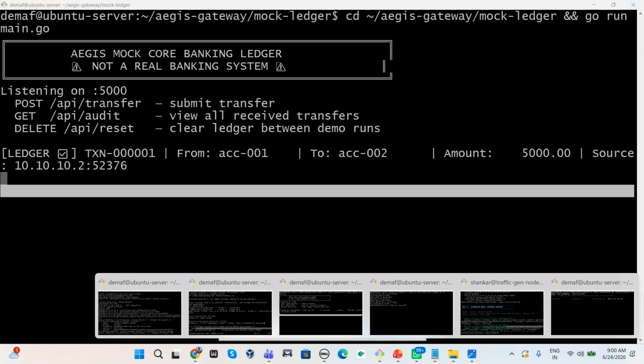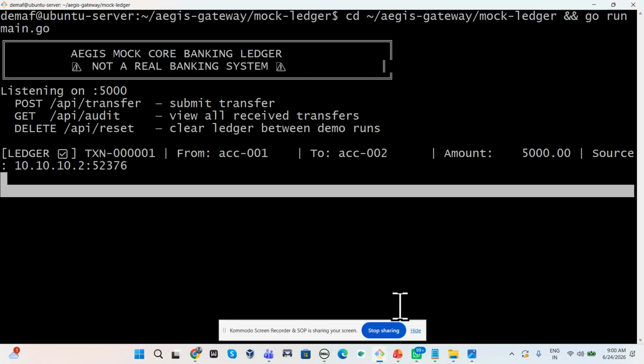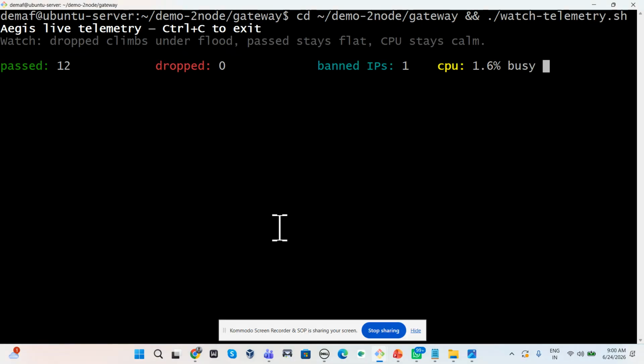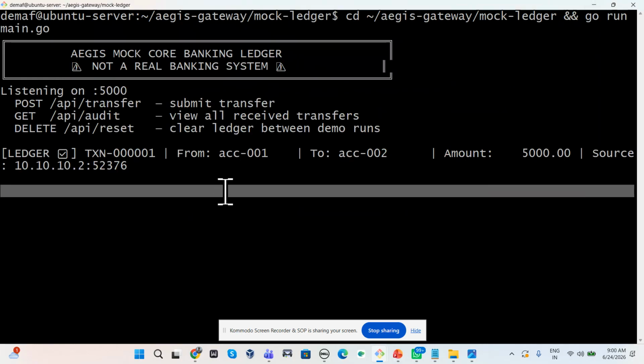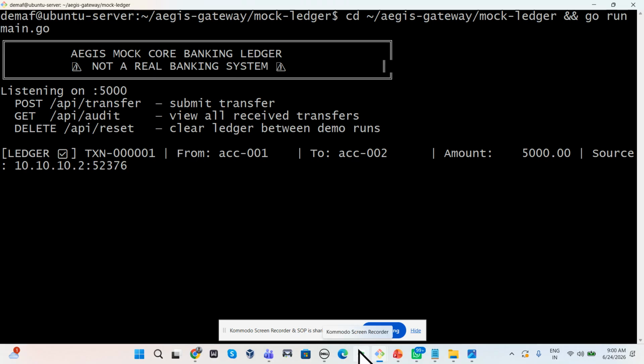And we have the telemetry. Packets are passed, nonzero. We are moving to the next scenario, the attack and the automatic ban. In this scenario, we will pass a malicious packet from the traffic generator node.